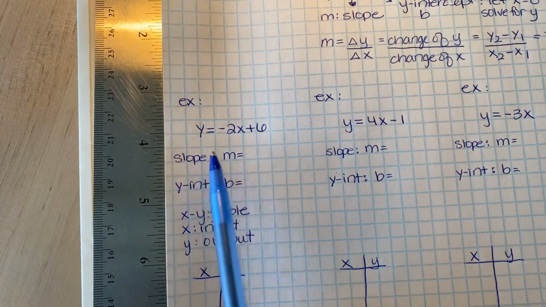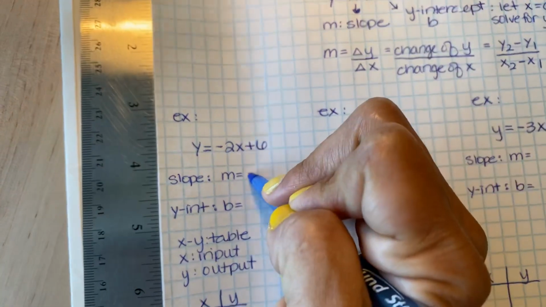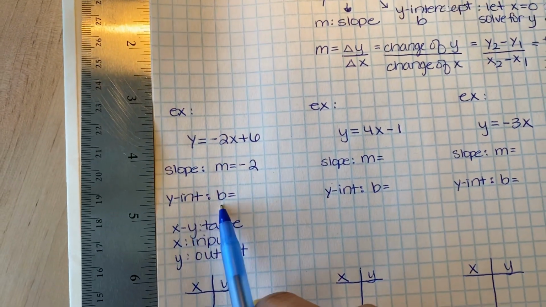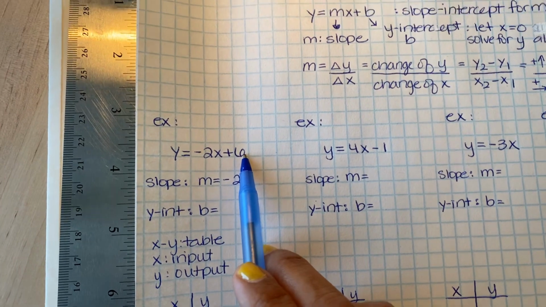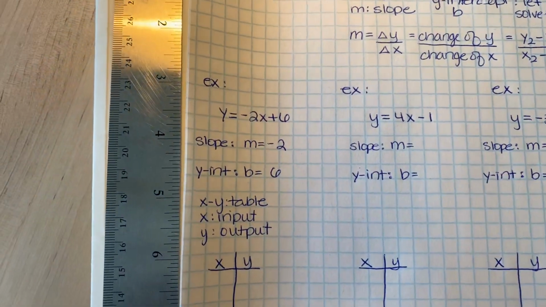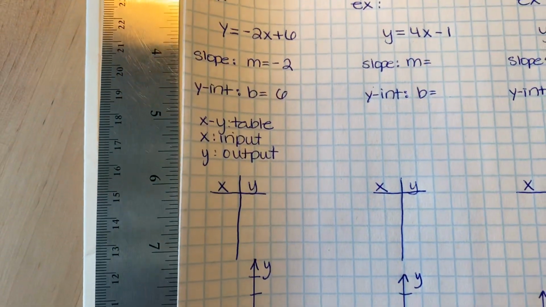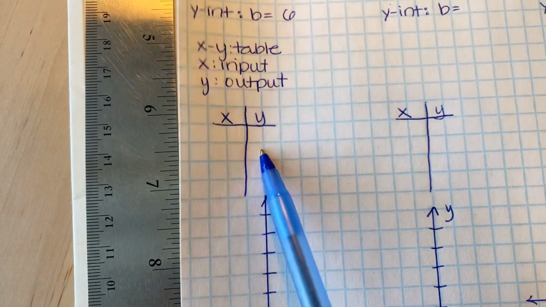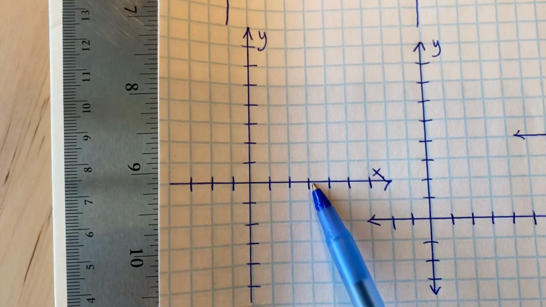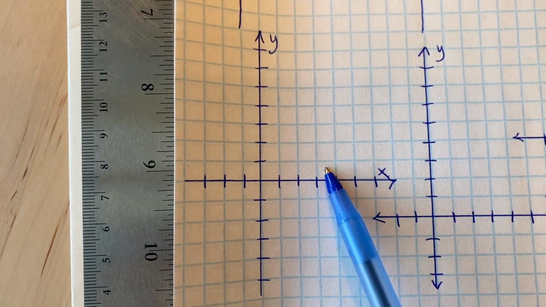Okay, so the slope, which is m, would be negative 2, correct? So my slope here is negative 2. My y-intercept is my b value, right? And so that is positive 6, right? Now for those of you that don't necessarily need to go over the XY table, you can go straight into this coordinate system and you understand the shortcut of rise over run.